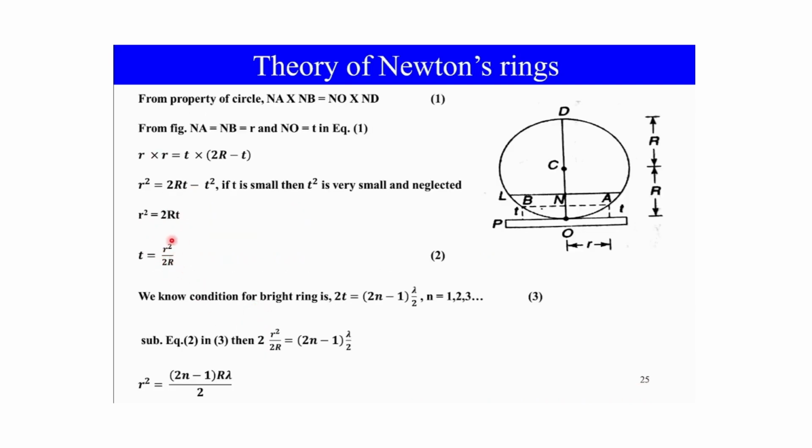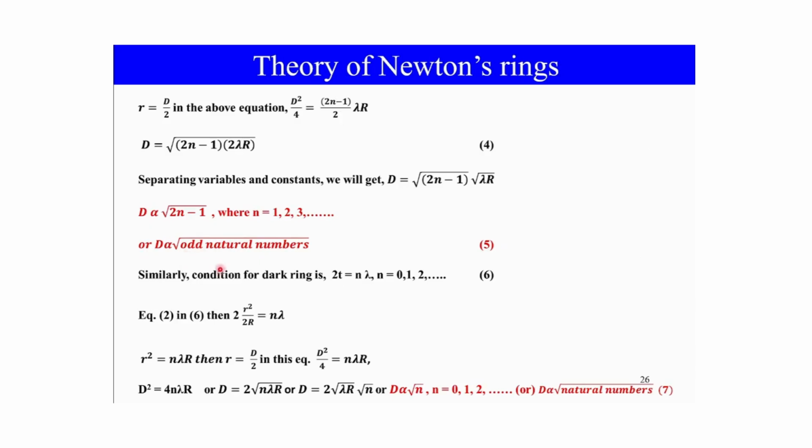This is equation number 2. So 2 into r square by 2R is equal to n into lambda. Here the 2 cancels and we get the equation for r square: r square is equal to n lambda R.